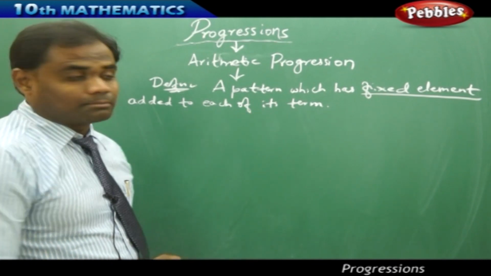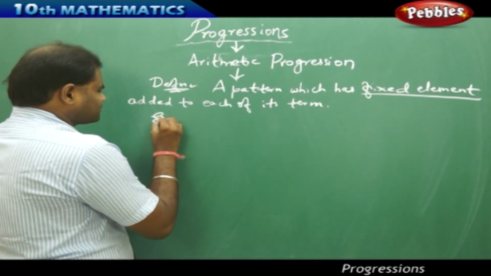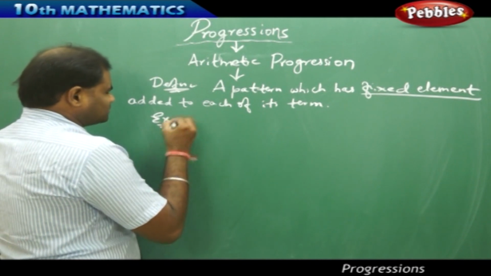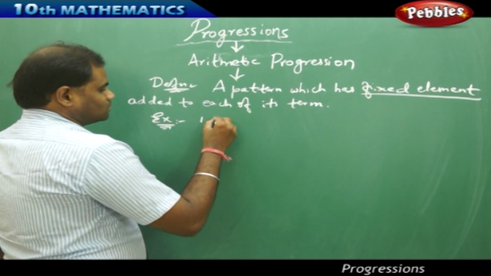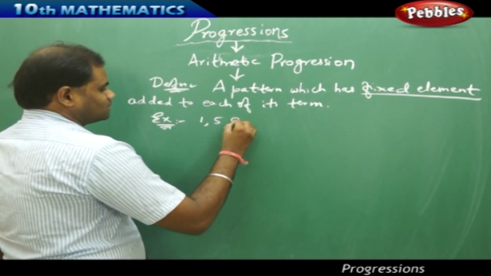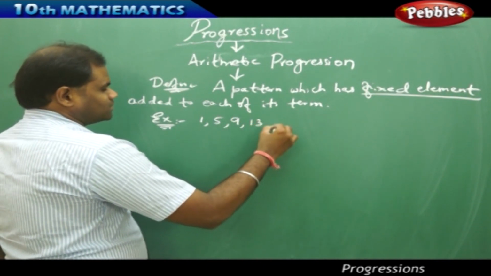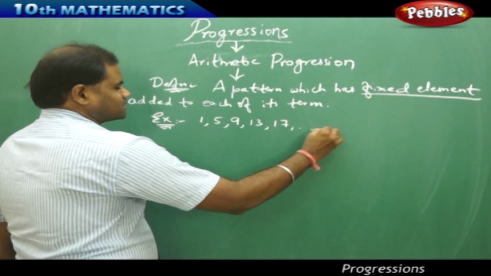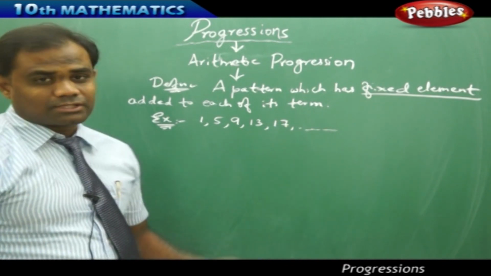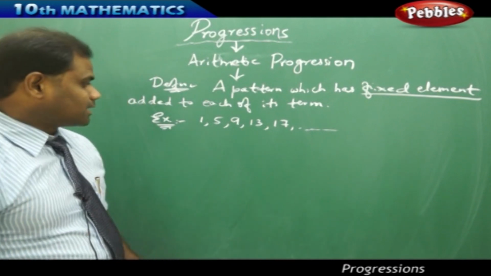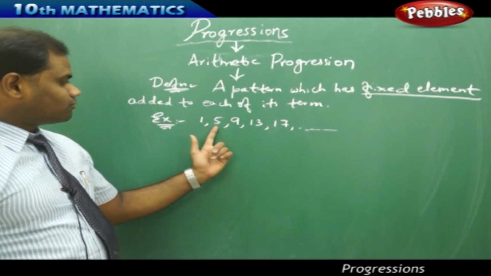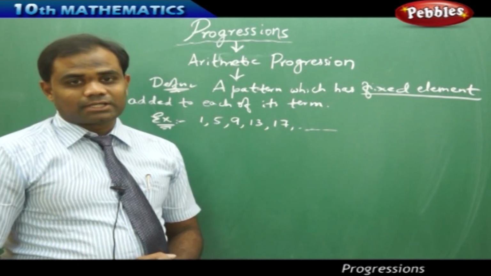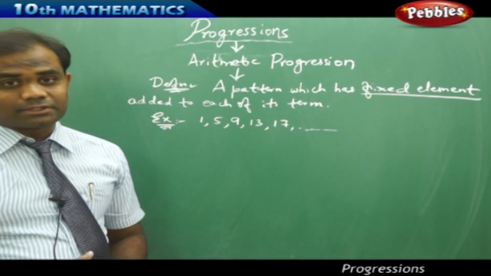Let's see with an example. For example, I take a pattern 1, 5, 9, 13, etc. This example has already been discussed, where let's again revisit the same example problem. Now if I take the pattern 1, 5, 9, 13, 17, in this case, what is the fixed element which is added?